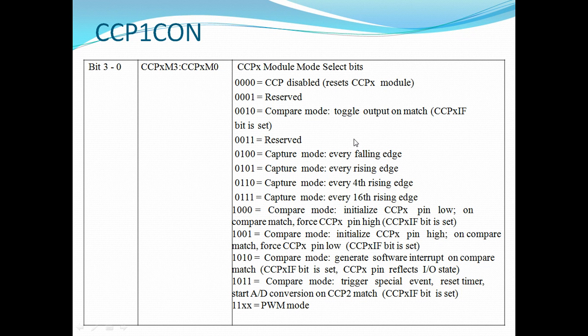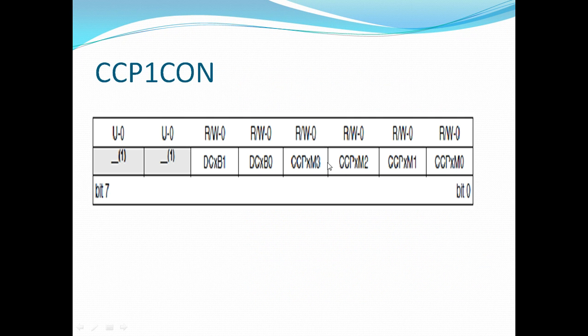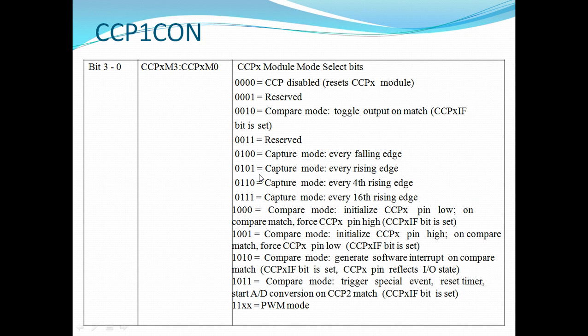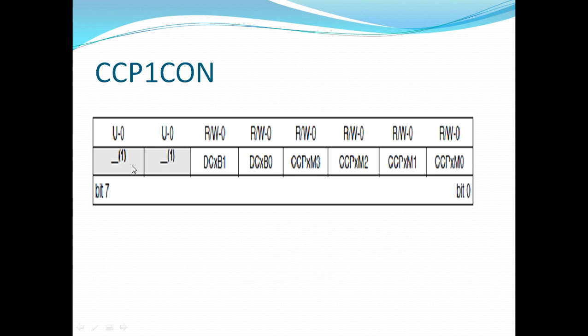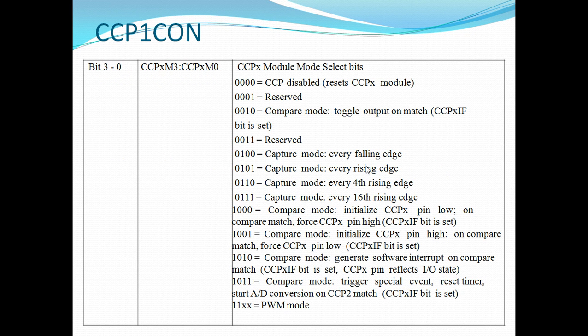If I want to select the falling edge, I write 0100, so the value becomes 4. This value 4 can be used for falling edge capture mode.